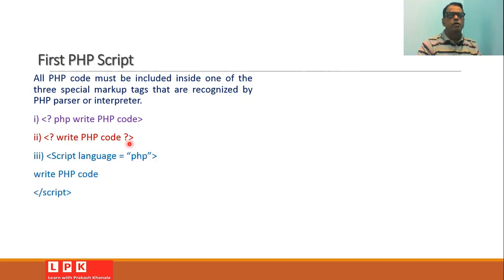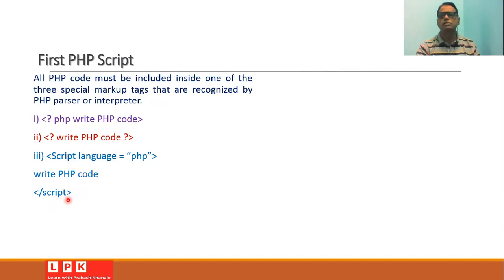Another way of writing the PHP script is by making use of the tags such as less than symbol, script language is equal to, in double quotes, PHP, then close with the greater than symbol. Then you can write here the PHP code, and then you have to end the script by making use of the symbols less than slash, the word script, followed by the greater than symbol.